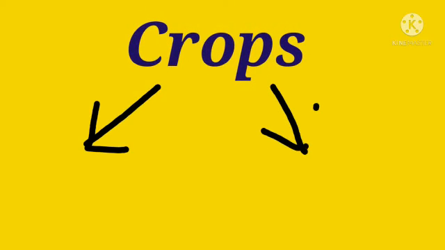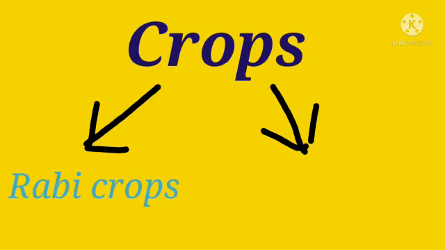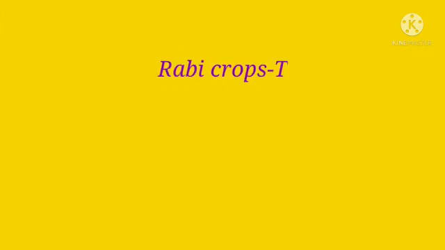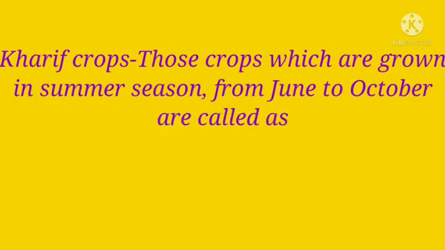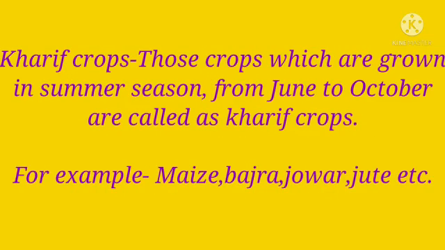Crops are of two types, Rabi crops and Kharif crops. Rabi crops are those crops which are grown in the winter season from November to April. For example, wheat and barley. Kharif crops are those crops which are grown in the summer season from June to October. For example, maize, bajra, jowar, jute, etc.